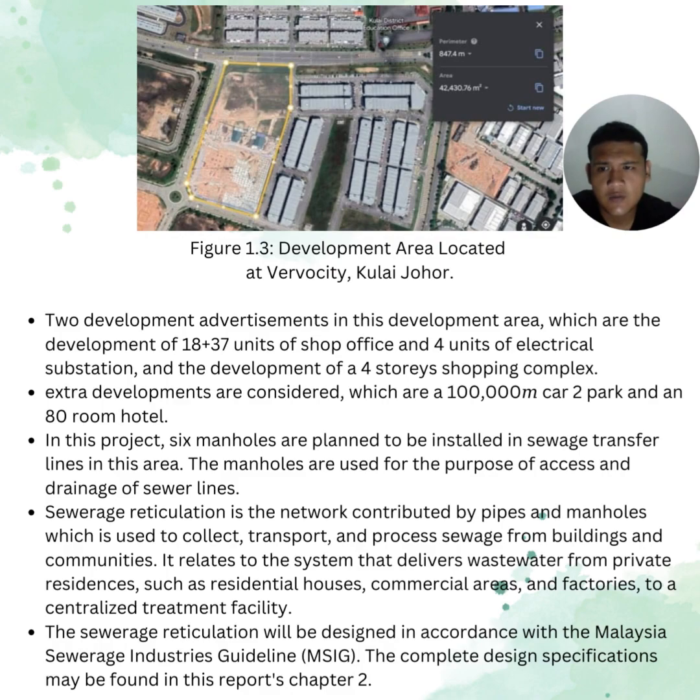The manholes are used for the purpose of access and drainage of civil lines. Sewerage reticulation is the network constituted by pipes and manholes, which is used to collect, transport, and process sewage from buildings and communities. It relates to the system that delivers wastewater from private residents, such as residential houses, commercial areas, and factories.